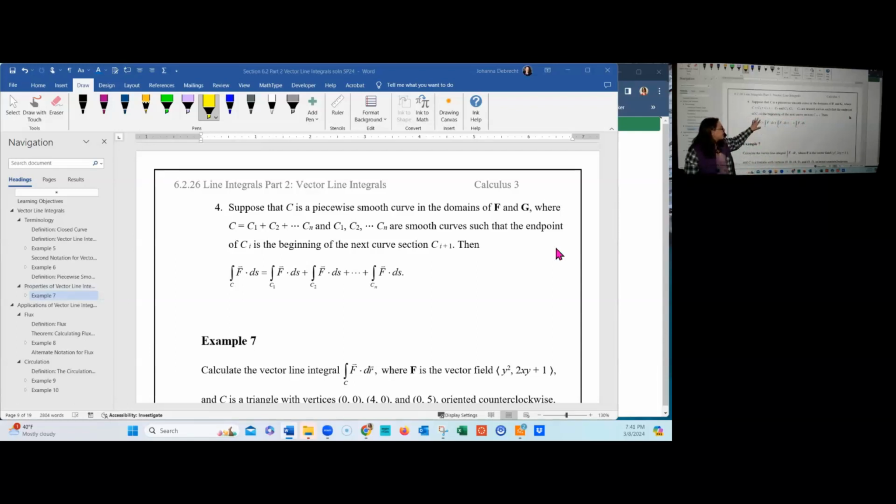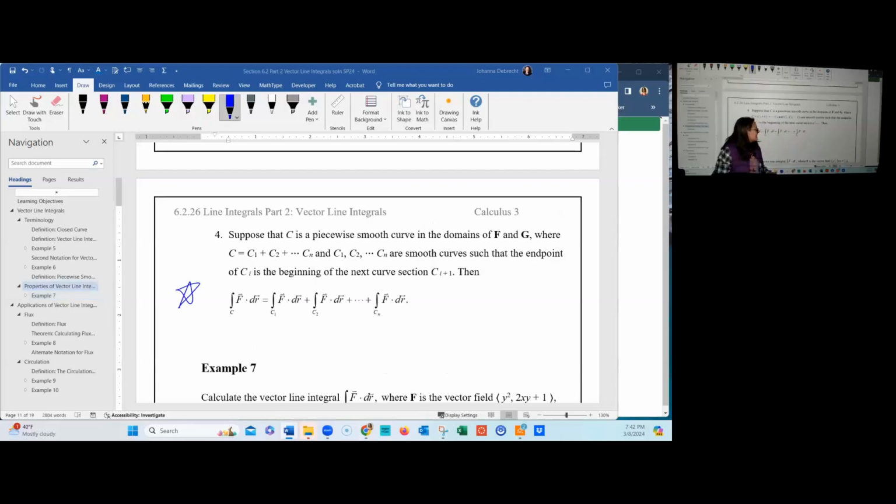Then the vector line integral of f dot dr along the curve C gives us f dot dr on C1, C2, all the way up to C sub n. So I've fixed my notation so that the integral of f dot dr along the curve C can be found by computing f dot dr on each of the piecewise smooth sections and adding all of them together.